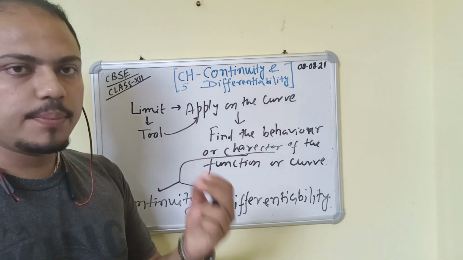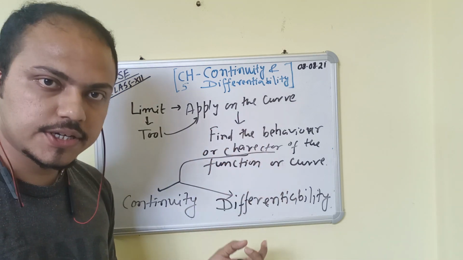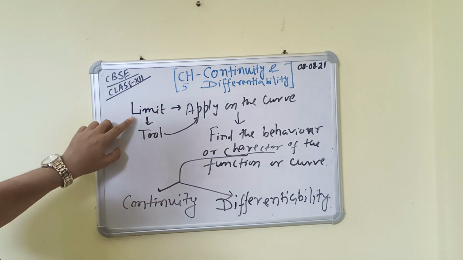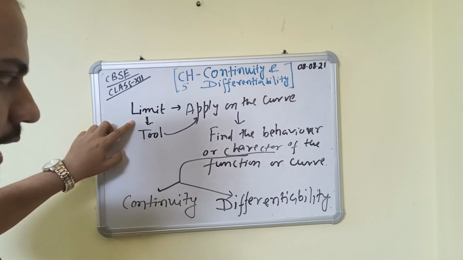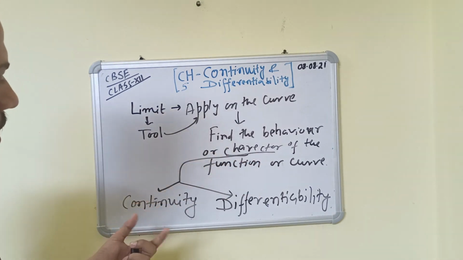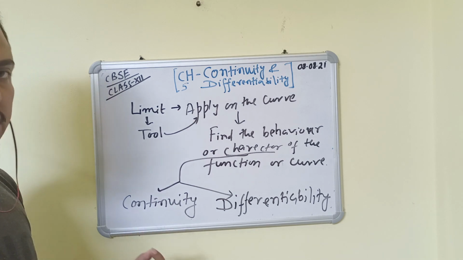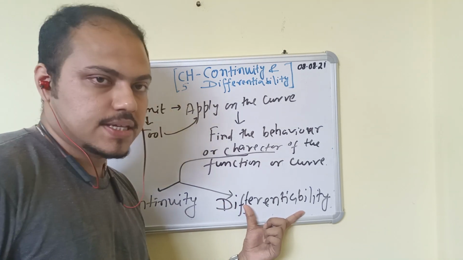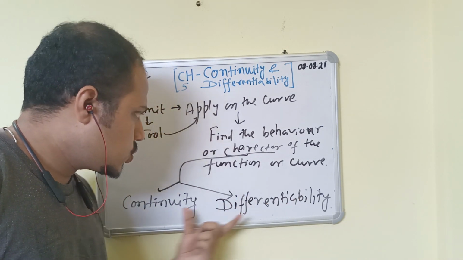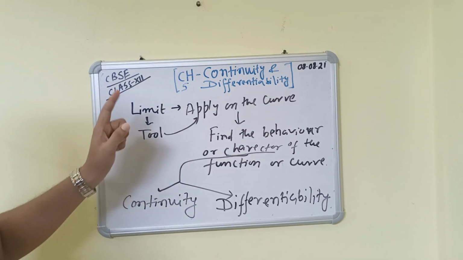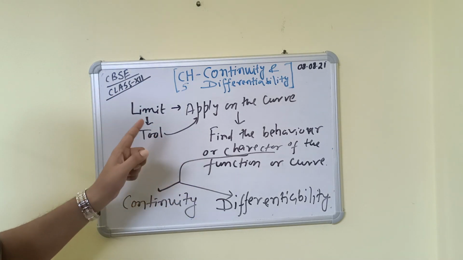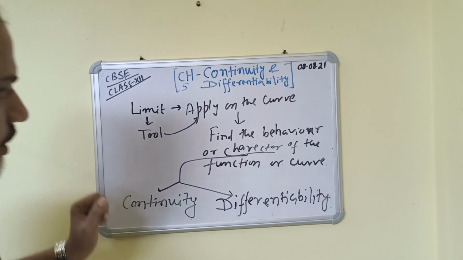To find this behavior we need the limit tool. These two behaviors come from your function.